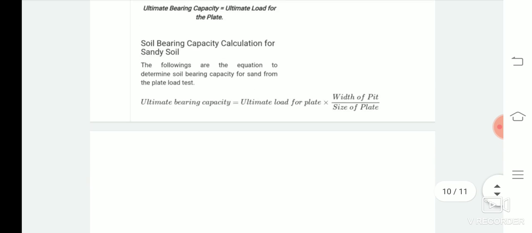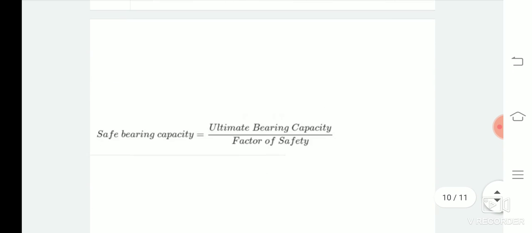In the case of cohesionless or sandy soil, the ultimate bearing capacity will be equal to the ultimate load on the plate multiplied by the width of the pit divided by the size of the plate. This is for sandy soil and the previous one for clay soil. The safe bearing capacity is then given by the ultimate bearing capacity divided by a suitable factor of safety.